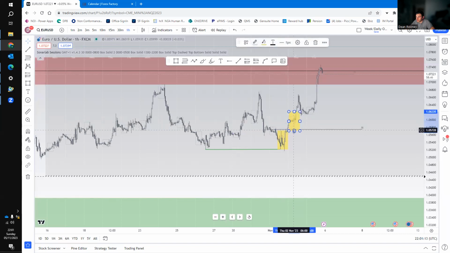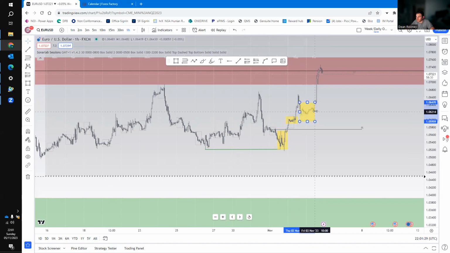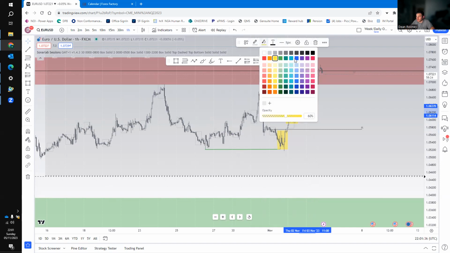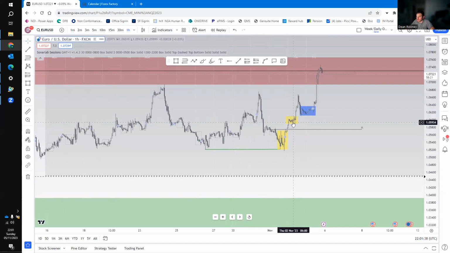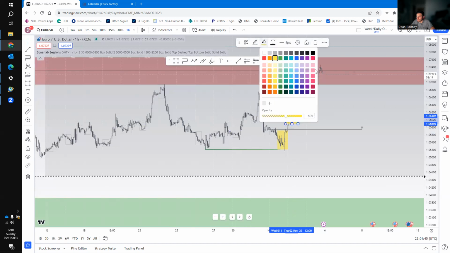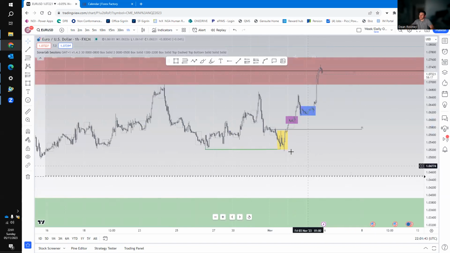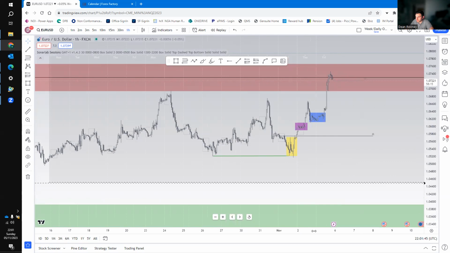This is a reaccumulation. Copy it again. This is another form of accumulation just in here. And there's lows in here, so I'll make this blue and I'll make this purple.